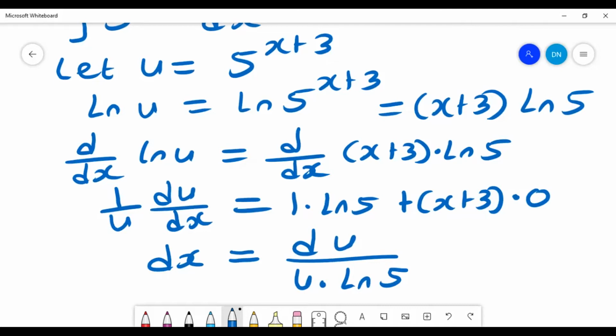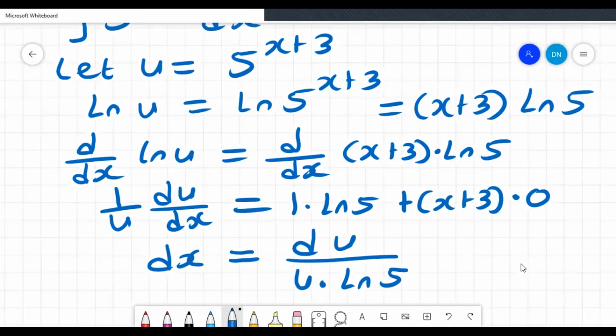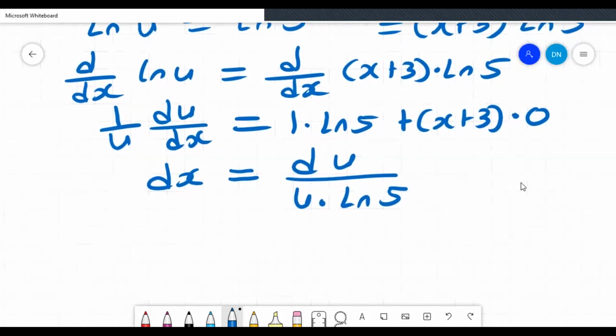At this point, I want to take my u, which is 5 raised to power x plus 3, and put it into the equation. So where there is 5 raised to x plus 3, I'll replace it with u. And where there is dx, I replace it with du divided by u times ln of 5. So I'll go to my equation, which was the integral of 5 raised to x plus 3 dx.